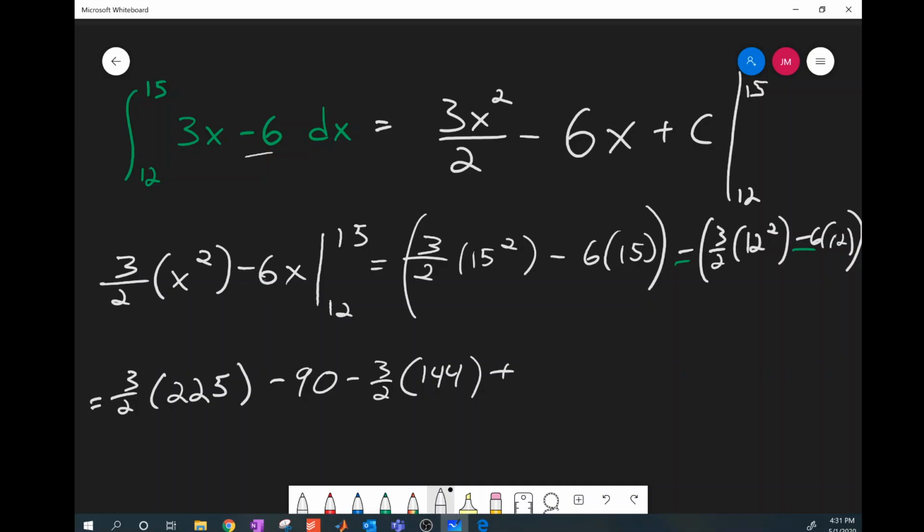So we get plus 6 times 12, which is 72. At this point, I'm just going to go ahead and use my calculator on my phone to calculate this fairly quickly. After plugging that into a calculator, you just get 103.5.